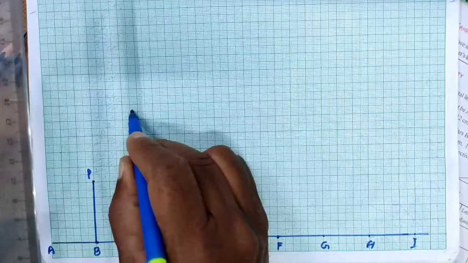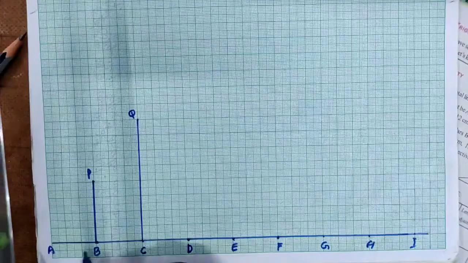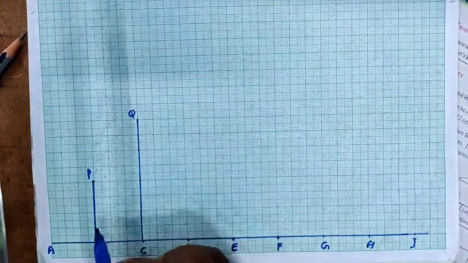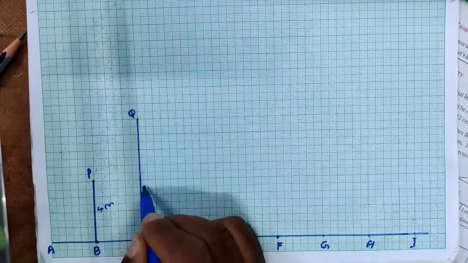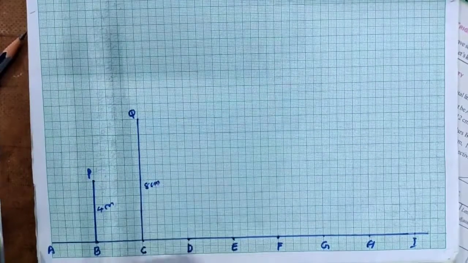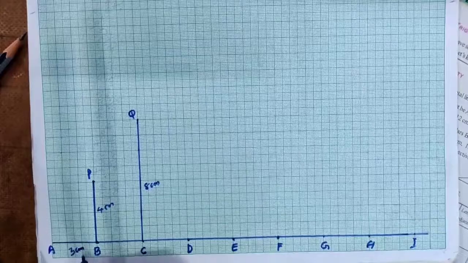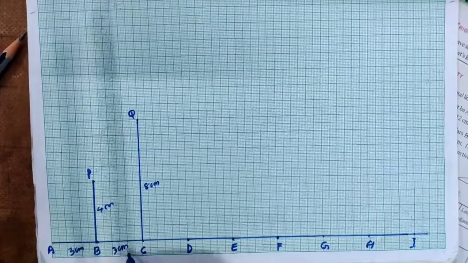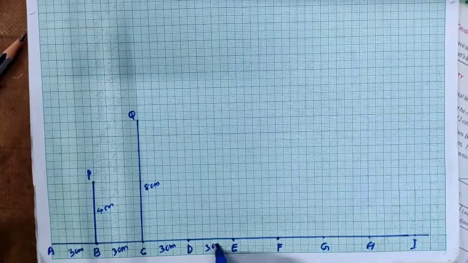So CQ is another perpendicular line to this line, 8 centimeters. This is 4 centimeters and this is 8 centimeters. You know that this is 3 centimeters, this is also 3 centimeters, and this is also 3 centimeters.